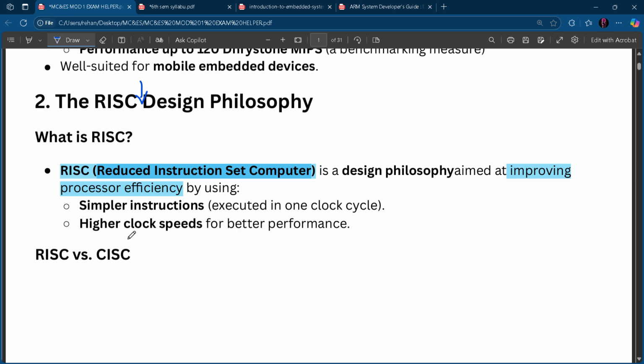Clock speed is nothing but the time taken for one instruction to complete. So you have to make simple instructions which are executed very fast within a clock cycle. Higher clock speed, in the sense, means the time taken should be less, for better performance, executed in one clock cycle.